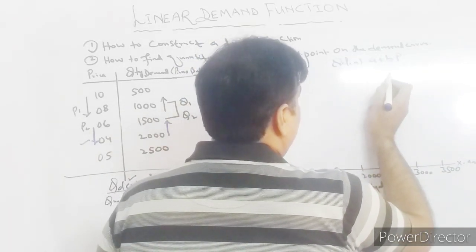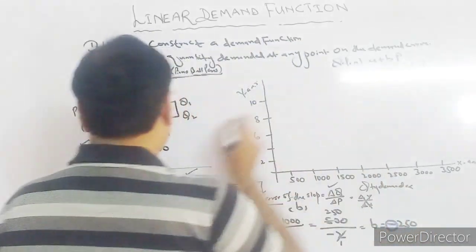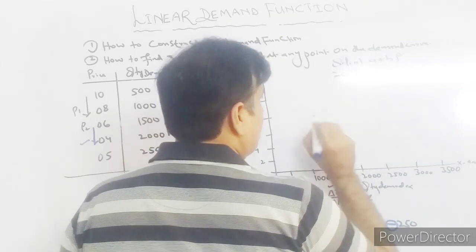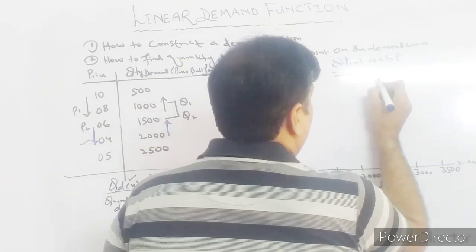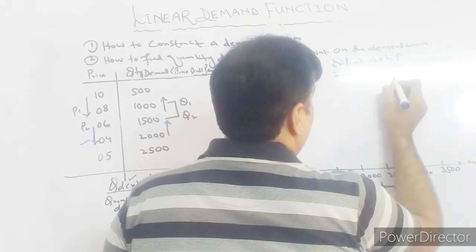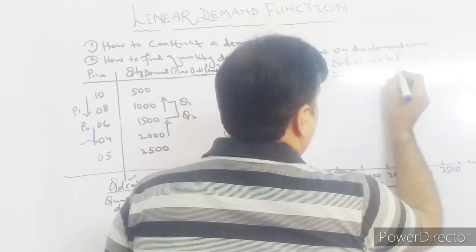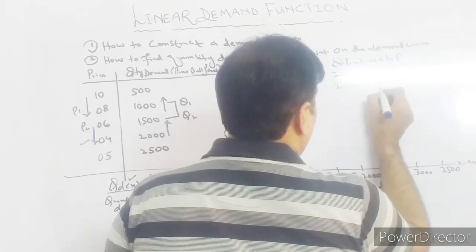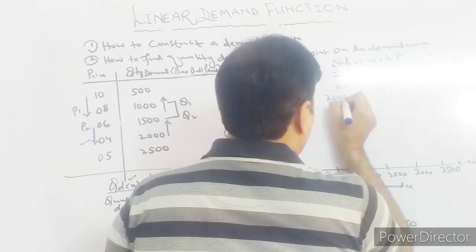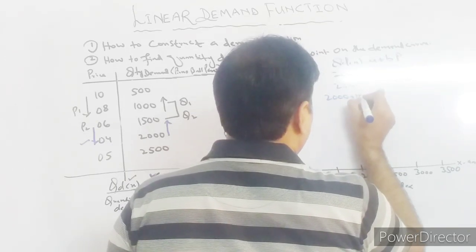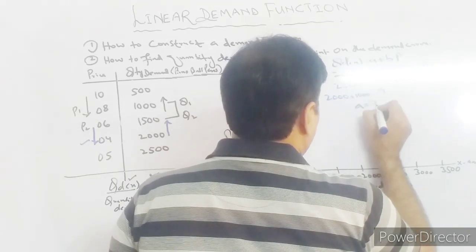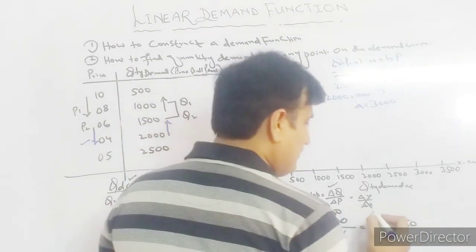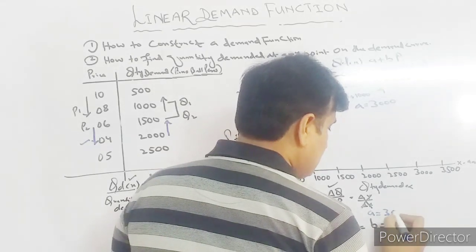The quantity demanded at price 4 is 2000. So 2000 equals A plus minus 250 times 4, that is minus 1000. So A is equal to 2000 plus 1000. So A is equal to 3000.